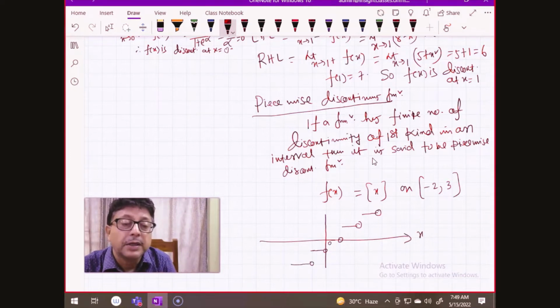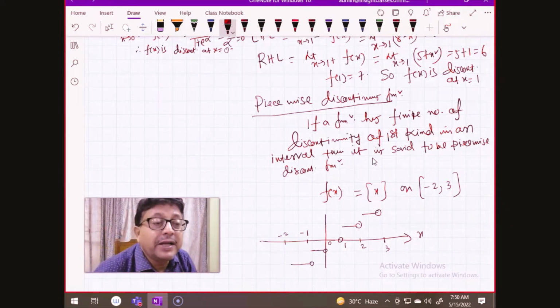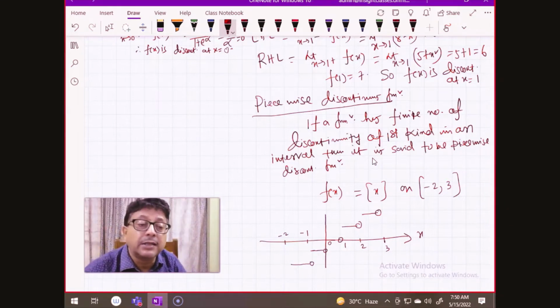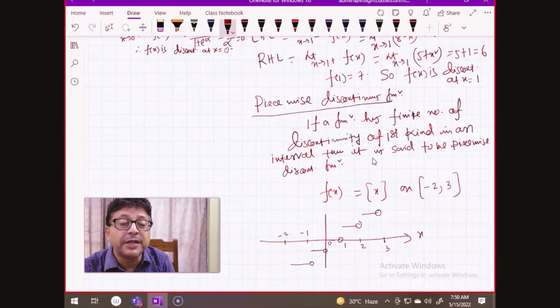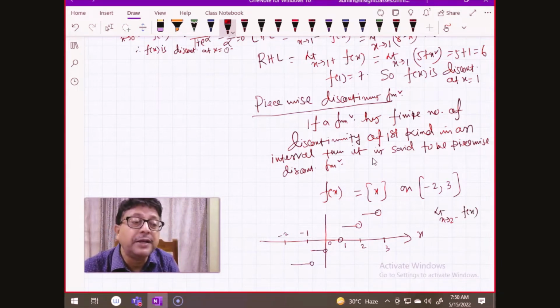This point is -1, this part is 1, 2, 3, like this. Suppose we are taking x equal to 2. What is the left hand limit here? Limit x tending to 2 minus f(x), its value is going to be 1.